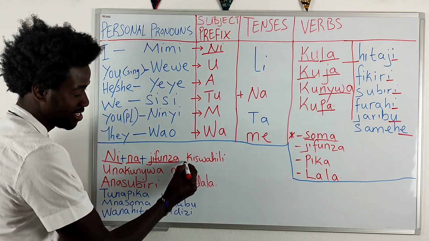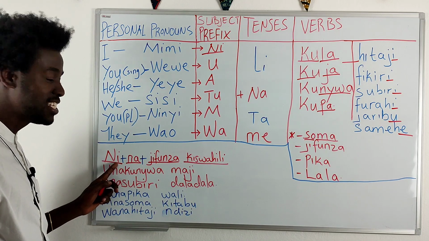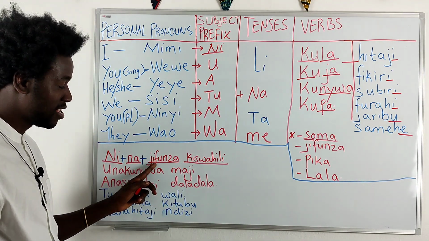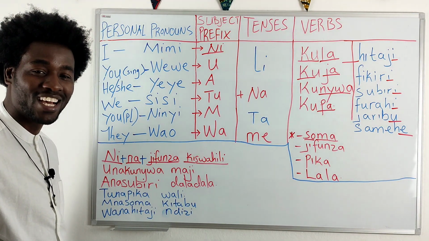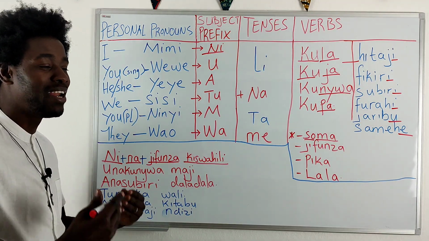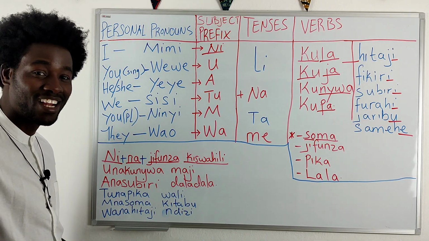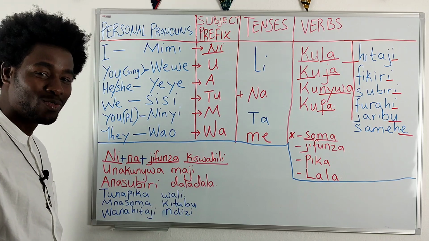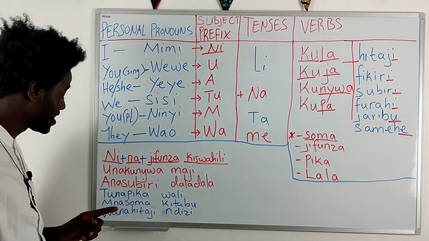And then Kiswahili. And then it will be ni na jifunza Kiswahili. Nina jifunza Kiswahili. I am learning Swahili. Nina jifunza Kiswahili. Sentence number 1 in present tense.